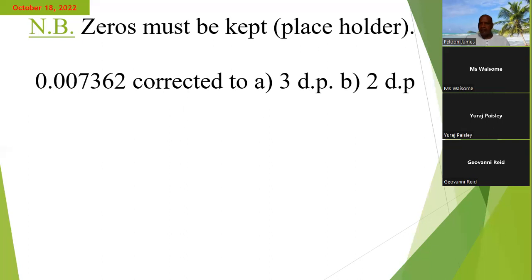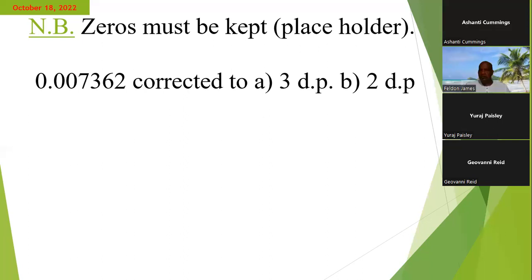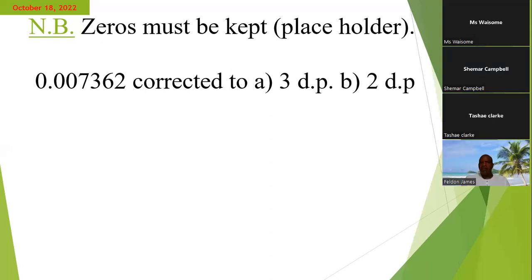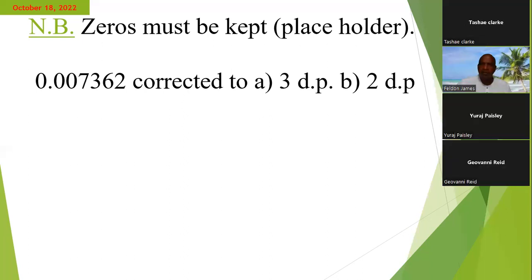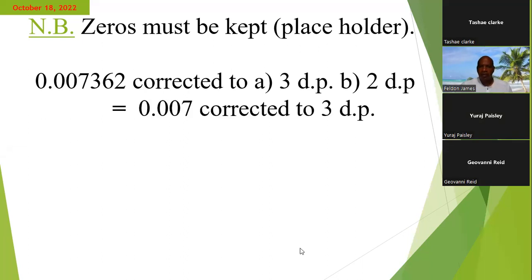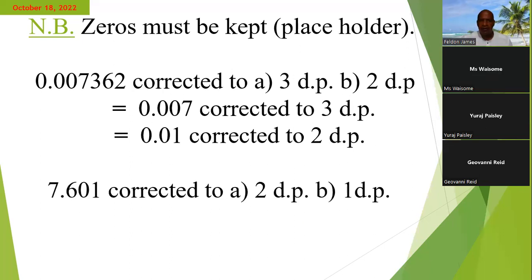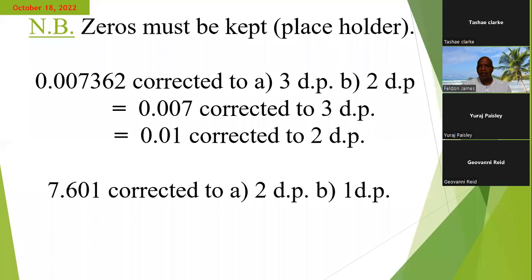Anybody else in agreement with Mr. Paisley? All right, so very good. So we are quite clear on how to round off these numbers. Let me see if anybody knows, rounding off this number to two decimal places, then one decimal place. Miss Clark?